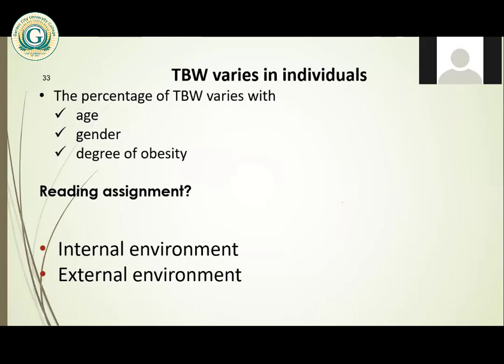So these factors lead to making the body cells absorb water reduce or increase. And again, if there is a disease like diarrhea or vomiting, definitely there will be a change.